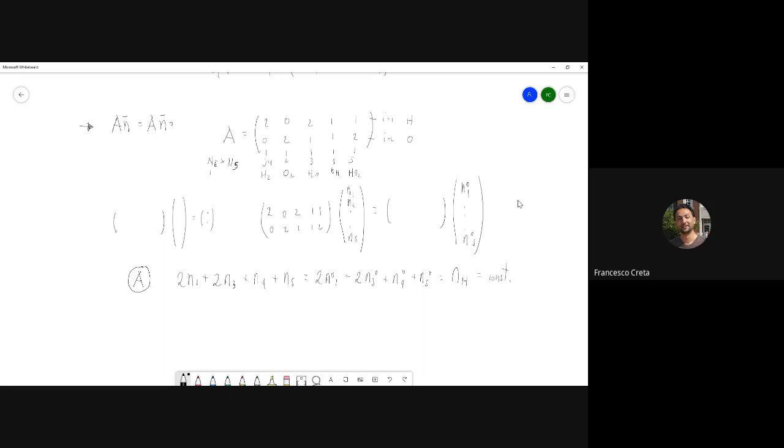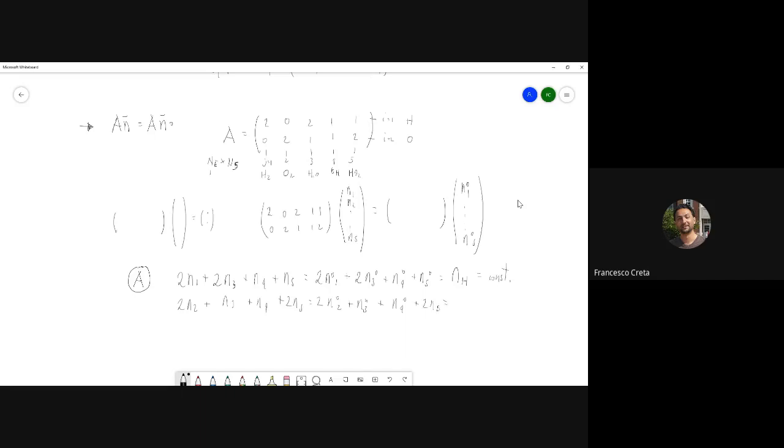We have essentially 0, 2n2, plus n3, plus n4, plus 2n5 is equal to 2n2 initial plus n3 initial plus n4 initial plus 2n5 initial.